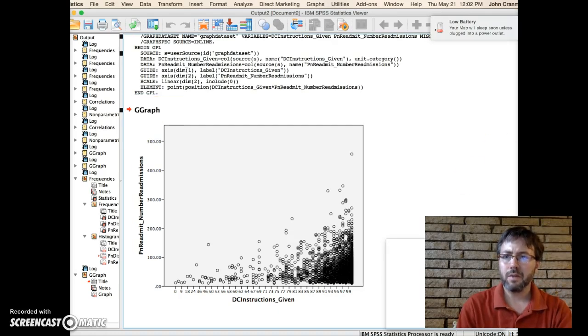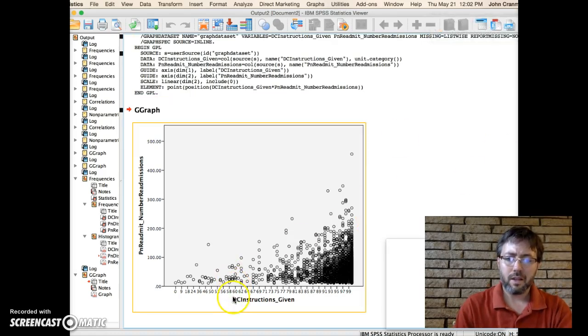Here you can see that the proportion of hospitals giving discharge instructions is very heavily clustered on the right-hand side of this graph, and the number of readmissions is increasing on the left.